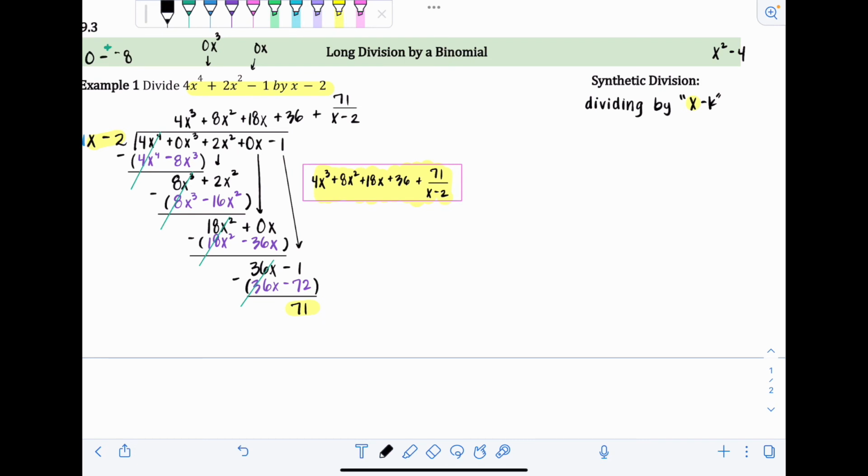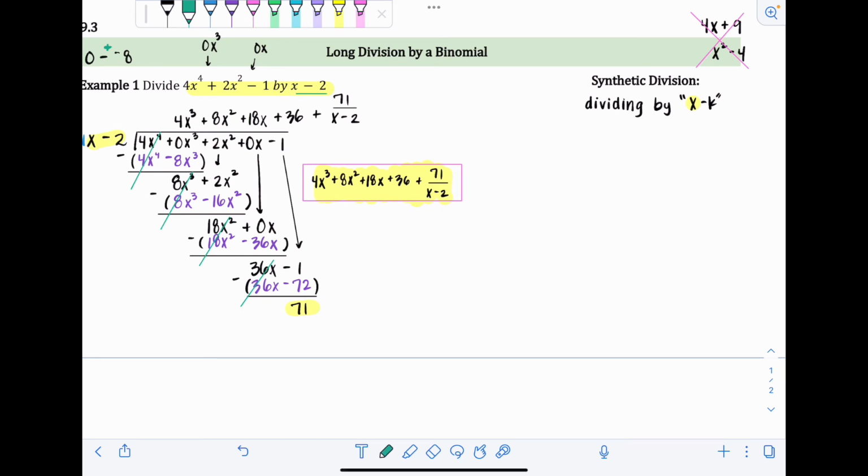Another example of something that wouldn't work would be 4x plus 9, because it's 4x. So it needs to be just 1x to the first power to work, which is a lot of the problems. Some of them, no, it doesn't work, but it is a lot of the problems, trust me. So it is worth learning and spending time on. So these are counterexamples, can't use it there, but we are dividing by x minus 2.